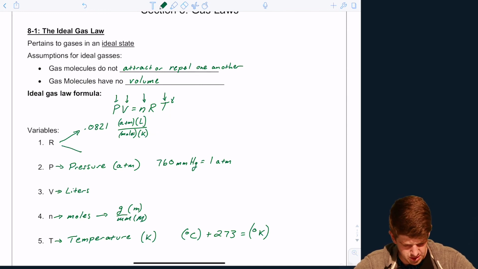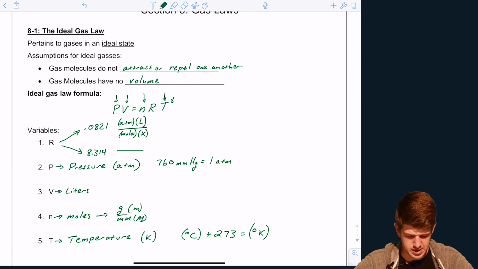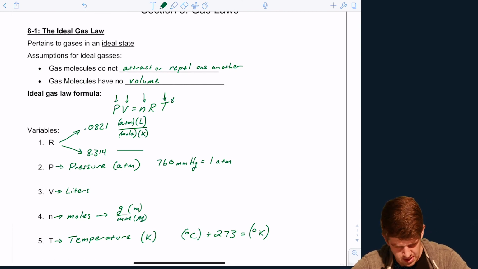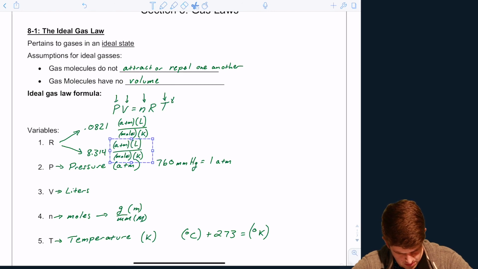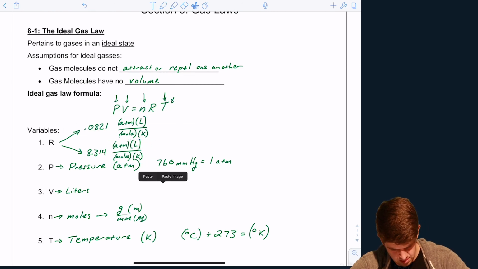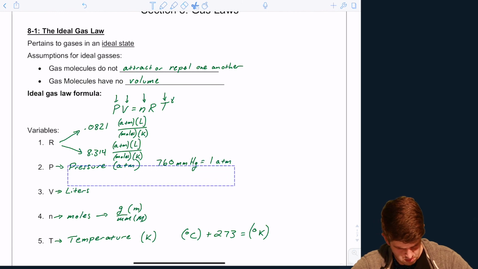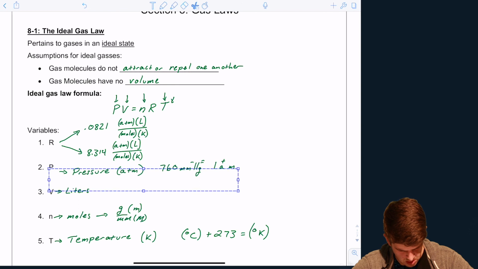The other way that this could go is 8.314. And we are going to see 8.314 in only one specific occurrence. Everything else is the same, so I'll actually just copy and paste this.